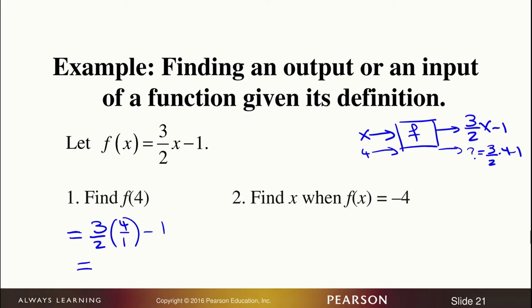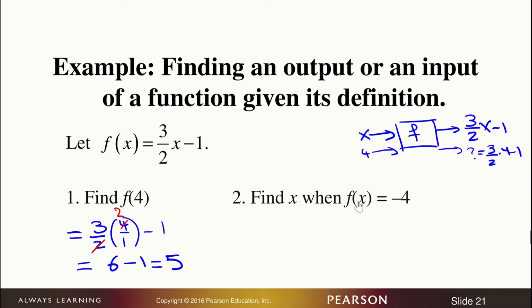Of course, now we can do any kind of cross-canceling that's possible, like so, within this multiplication only, not across this minus sign. You would never cross-cancel across a minus or a plus. But as long as you're multiplying two fractions, within that multiplication, it's perfectly okay to cross-cancel. And so we end up with 3 times 2, which is 6, minus 1, which is 5, okay?